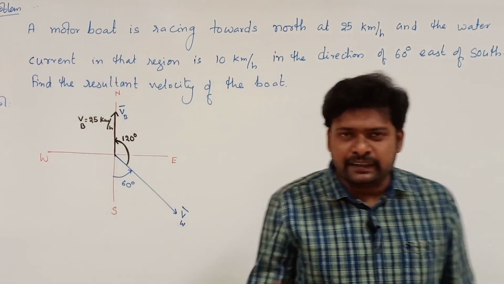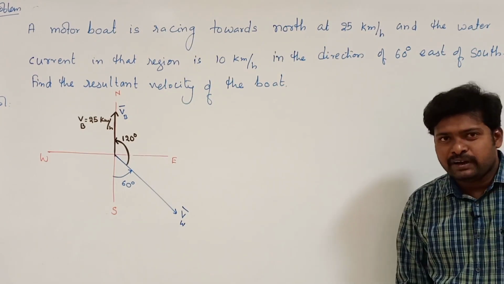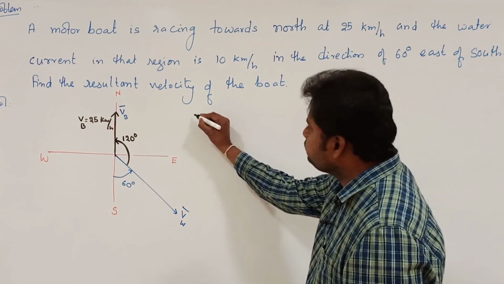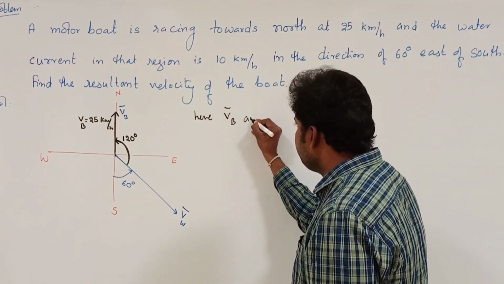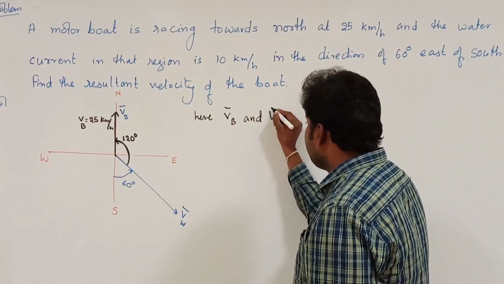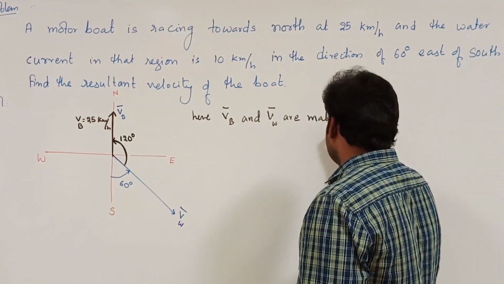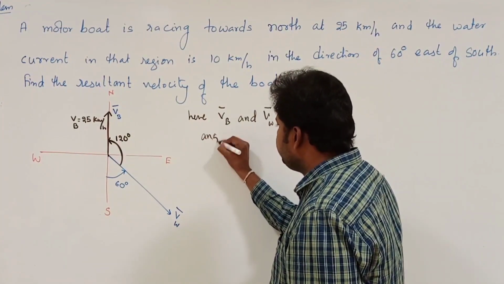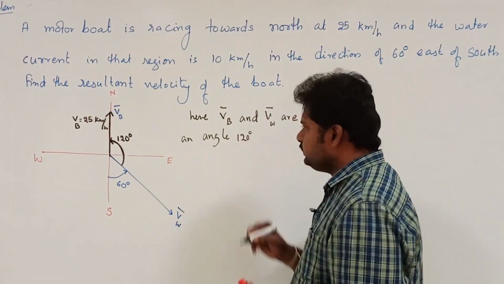Now here VB, the velocity of the boat, and VW, the velocity of the water, are making an angle of 120 degrees.